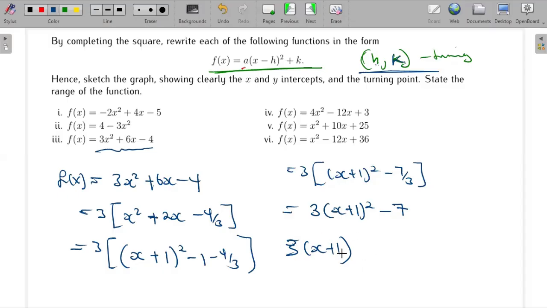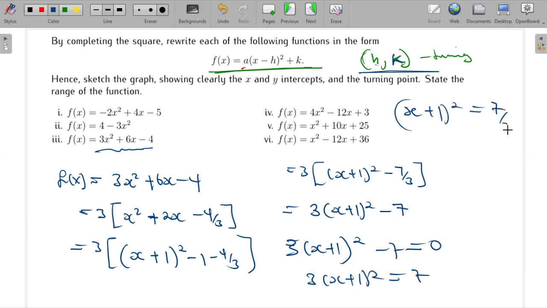My network had kicked me out, but what I'm saying is that 3(x plus 1) squared minus 7 is equal to 0. Take the 7 to the other side, you have 3(x plus 1) squared is equal to 7. Then divide by 3, you're going to have (x plus 1) squared is equal to 7 over 3.